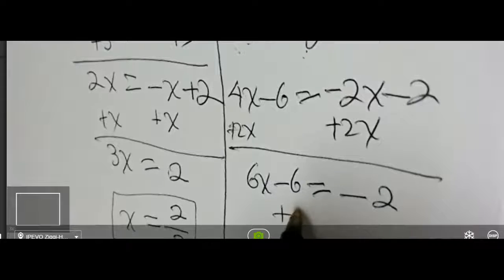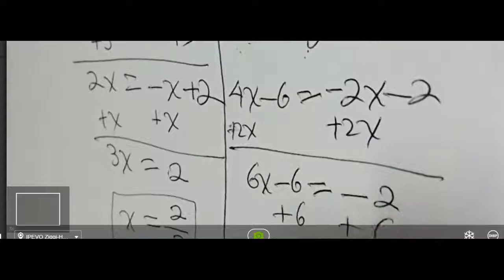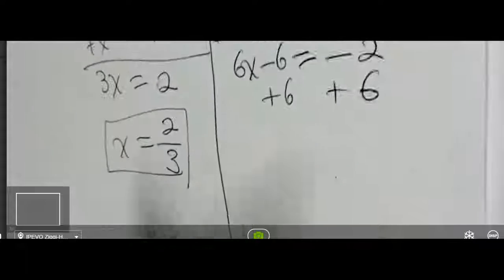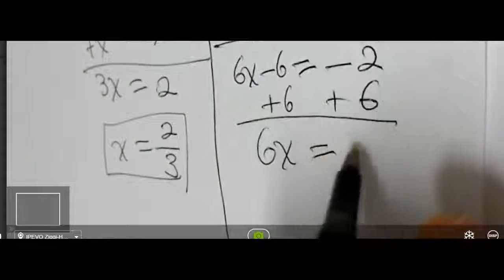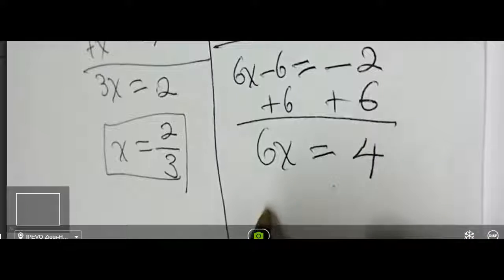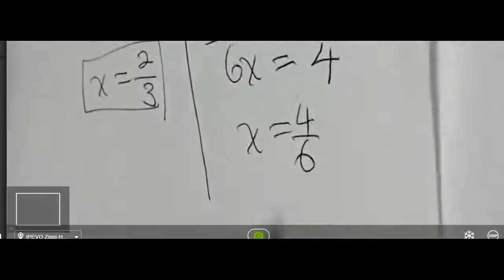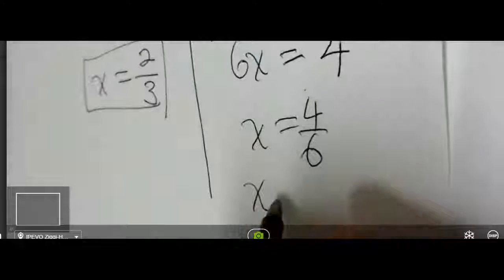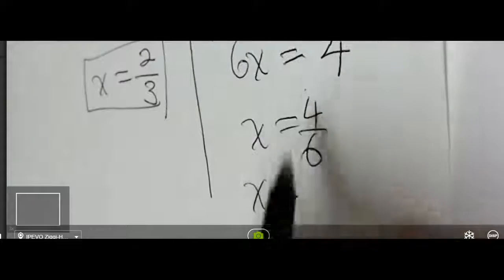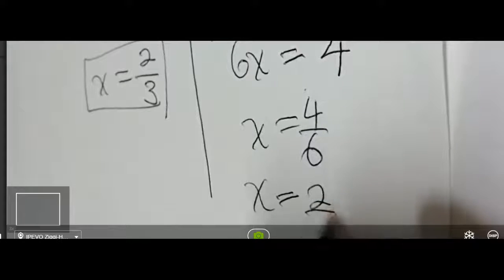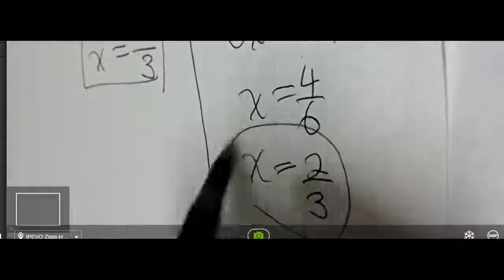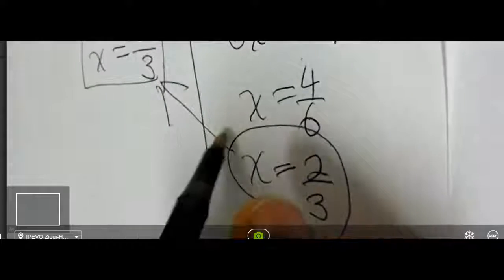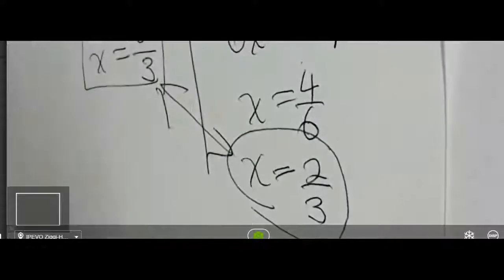So if we add 6 to both sides, 6x will be 4. So x will be 4 divided by 6, and we can simplify more. Dividing by 2, we still get 2 over 3. Okay, so that's the same thing.